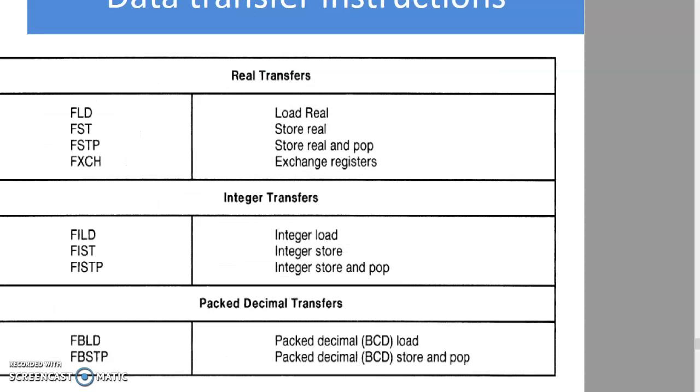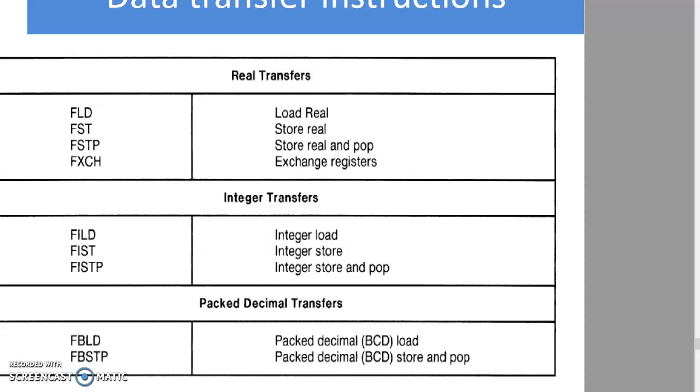Speaking of the instructions of the 80387, these are some of the data transfer instructions. FLD, load real, loads the operand into the top of the stack. FST, store real, copies the top of the stack value into the operand.